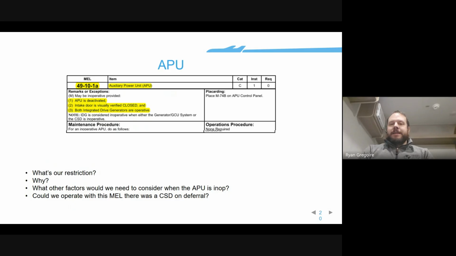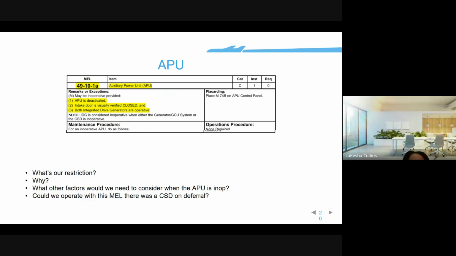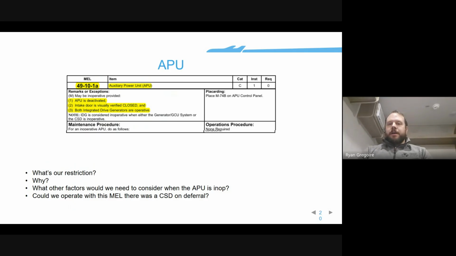What else would we need to consider and make provisions for if the APU didn't work? Lakeisha. I'm thinking like alternate ground power. Yep, definitely going to need ground power because we're not going to be able to generate power on the ground with the APU. What else?